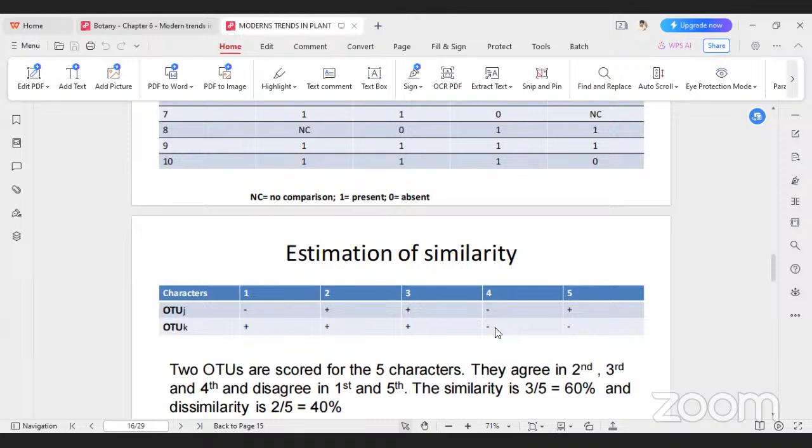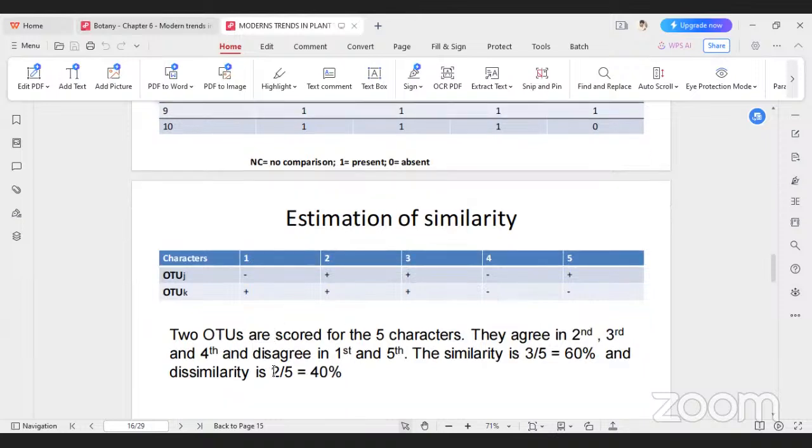Here 2 characters are absent. So the OTUs are scored for the 5 characters. They agree in second and third, and disagree in first and fifth.